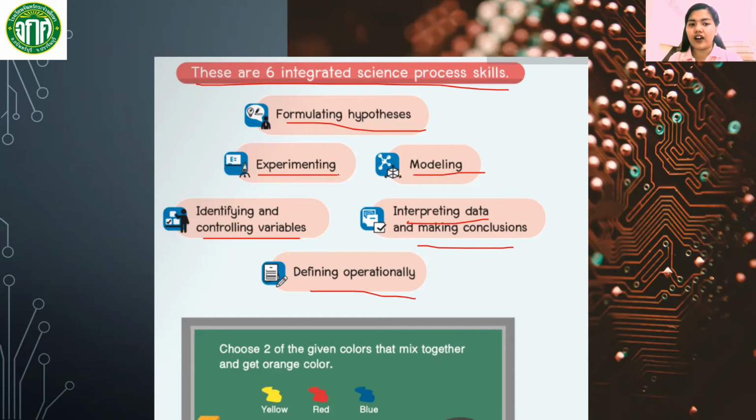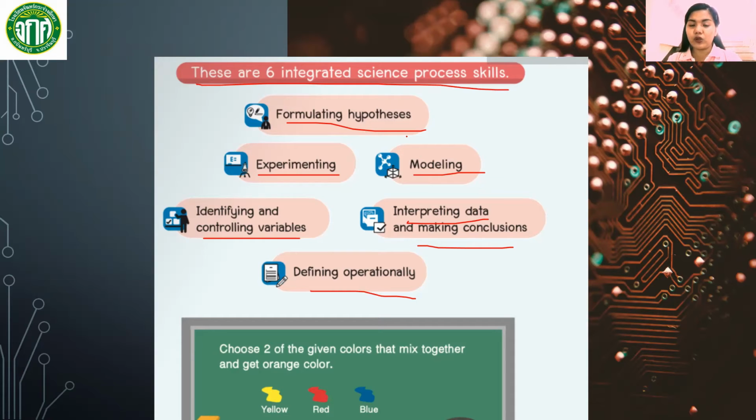So these are the 6 integrated science process skills. The first one is the 8 basic science process skills, and the second one is the 6 integrated science process skills. So those are the 2 groups of science process skills.